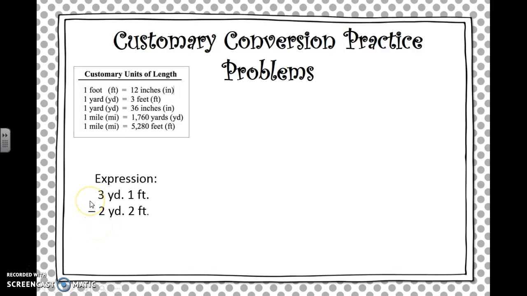When I read my problem, I read it as 3 yards and 1 foot minus 2 yards and 2 feet. When I'm noticing my problem, I see that I have yards and I have feet. If I remember back from when we've been doing conversions, I know that I can't convert unless my units are the same. We don't have the same units here, so we're not ready to convert yet.